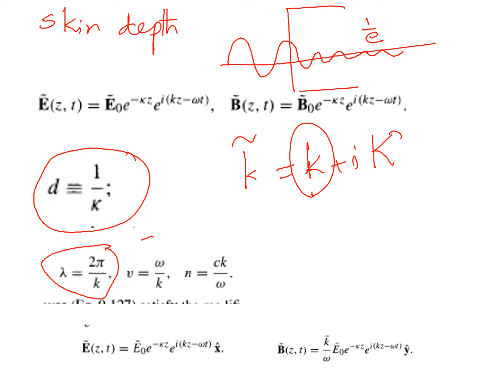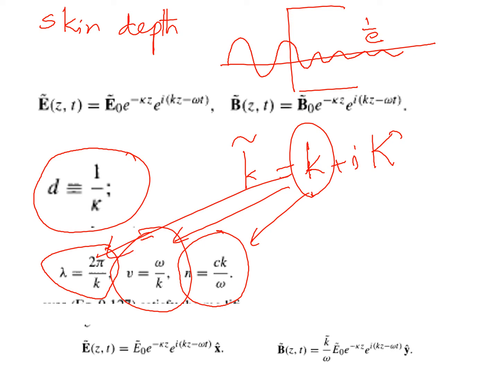Lambda is equal to 2 pi by k, v is omega by k, and the refractive index is c k by omega. That is all signified by the real part of the wave number. The last term, the imaginary term, the kappa term, signifies to what extent the wave penetrates into the medium. So d, the skin thickness or skin depth, is equal to 1 by kappa.